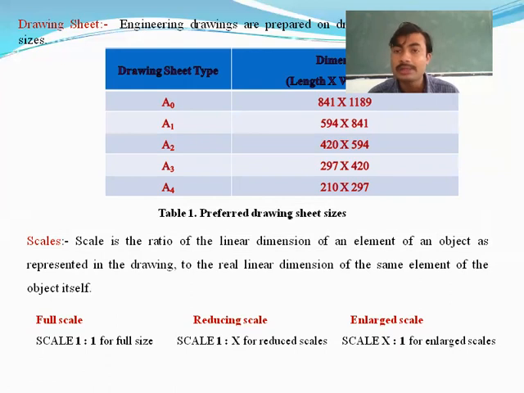Suppose if the value of x is 2, the meaning of that one is 1:2. The meaning of that 1:2 is nothing but, suppose if the given object is having the dimension 100 mm, we are going to draw it on the drawing sheet as reducing 50%. That is reducing 2 times. That is, instead of drawing 100 mm, here you will draw that one as 50 mm.